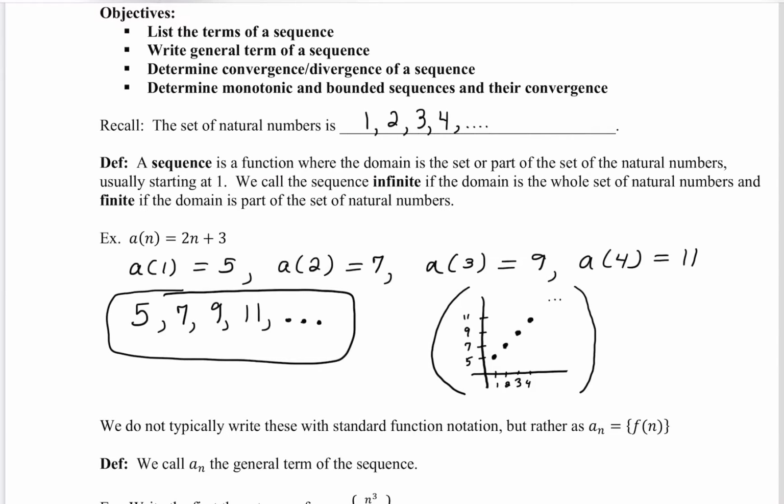Typically, we're going to move away from this and not use function notation. Instead of calling it a of n, we're going to call it a sub n. But you always want to think about anything you know about the function. Here, I know that it is a linear function. It has a slope of 2.